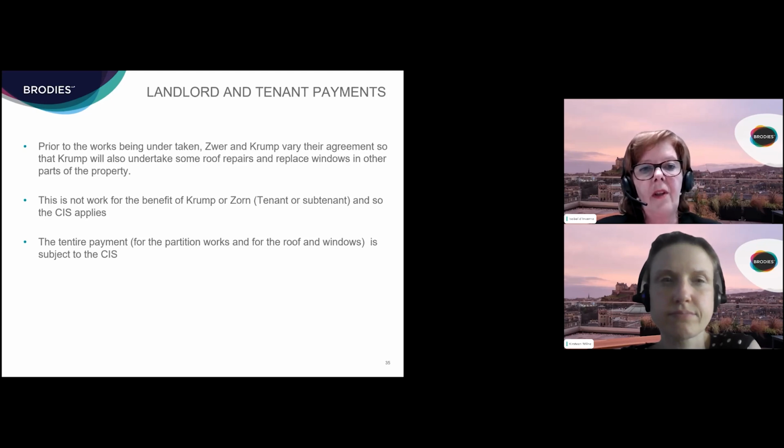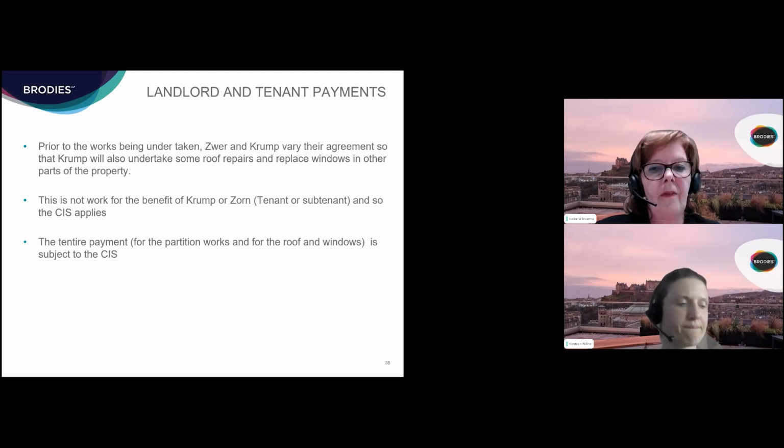So even though when we looked at the previous example, it was going to be exempt from the CIS, for this example, in addition to the work that was going to be carried out for the benefit of the tenant, there is now some work which isn't for the benefit of the tenant. The CIS applies to the whole lot.